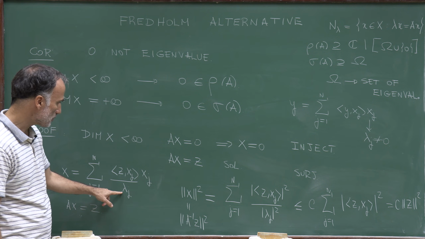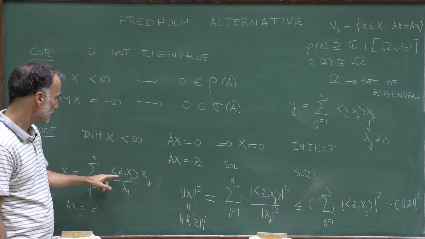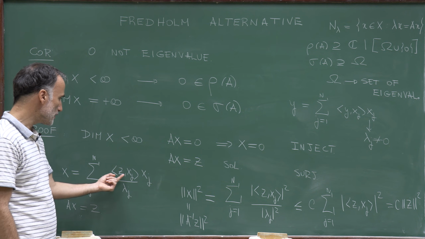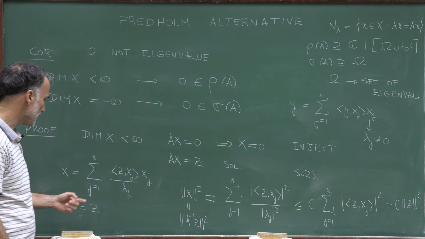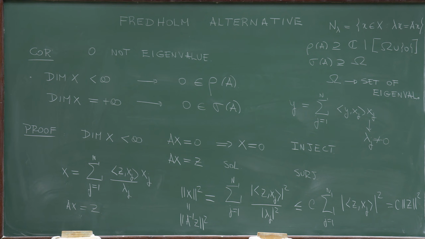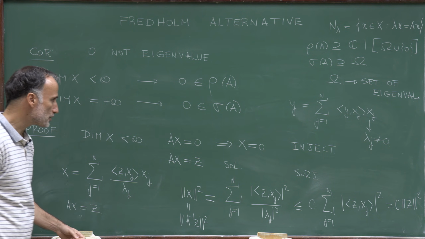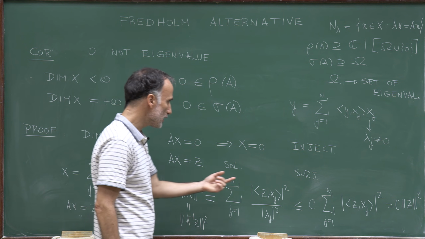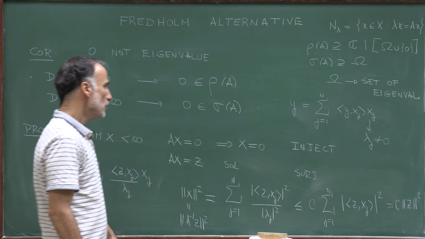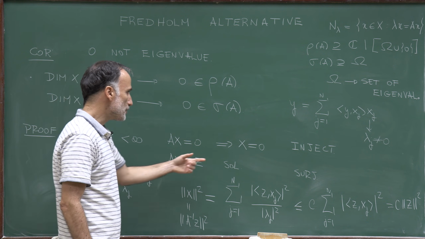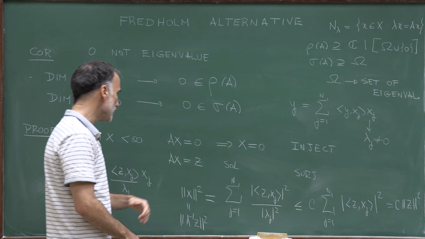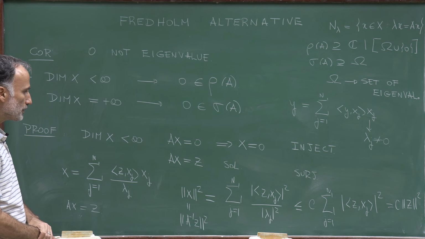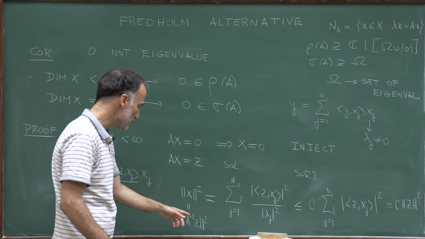The lambda j cancels with that, and what you get is that Ax is equal to the sum of (z, xj) xj, and this is exactly z. So we proved that indeed x solves this equation, and this shows that A is surjective. So we have a linear operator which is a bijection. We can define A minus 1, which is a linear operator. It remains to show that A minus 1 is bounded.